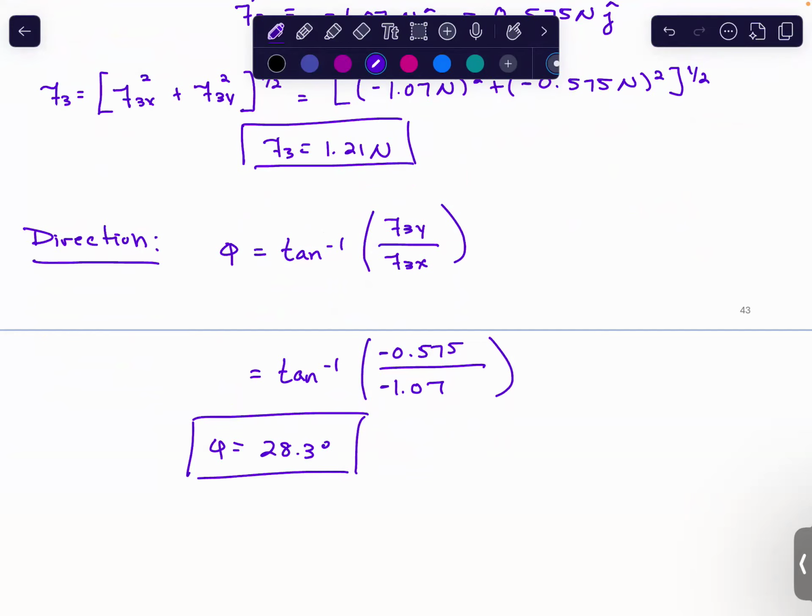Okay, so it's 28.3 degrees. Now we have to start asking ourselves where that is. Okay, I'll come back down in a second.